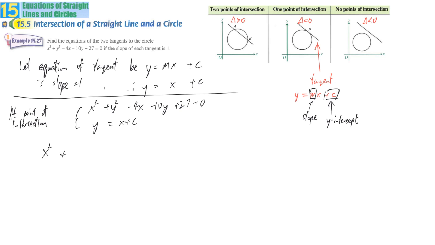Therefore, we have x squared plus (something) squared minus 4x minus 10(something), and then plus 27 equal to 0, where the something is x plus c. Expand it accurately.